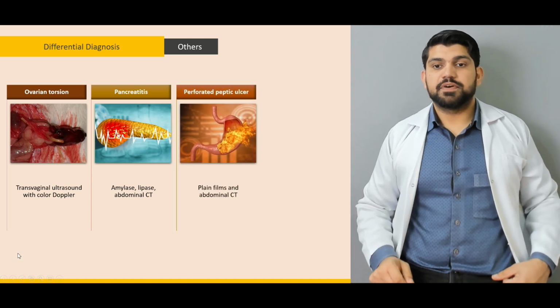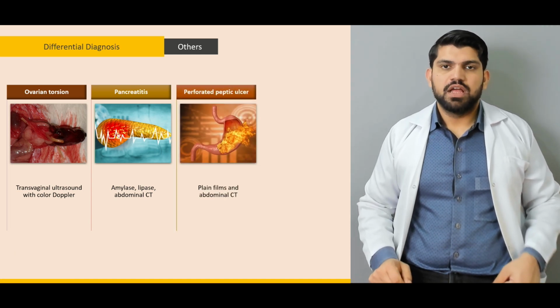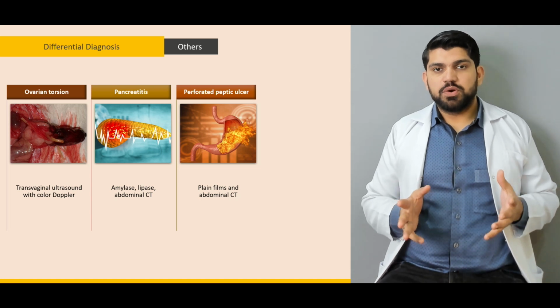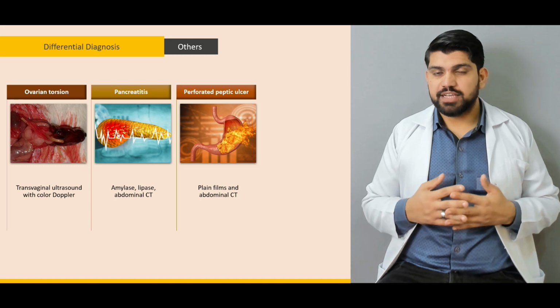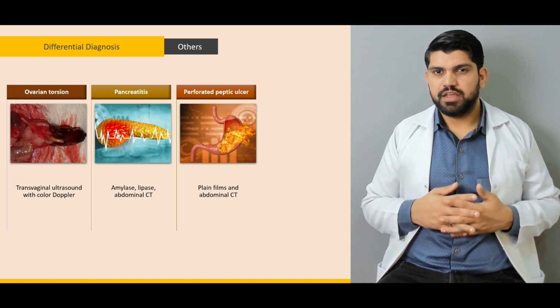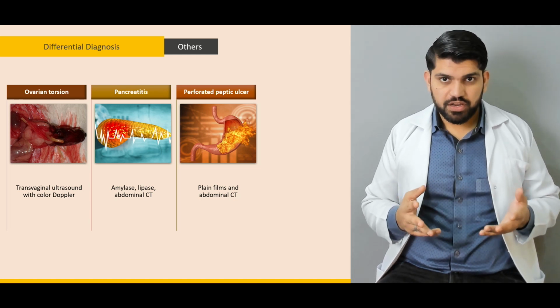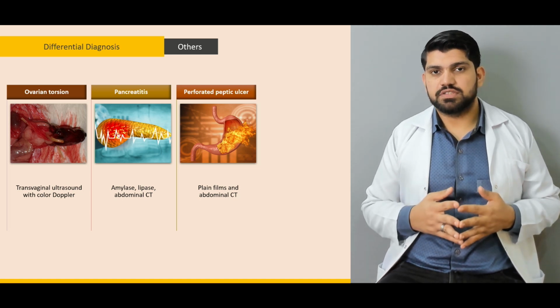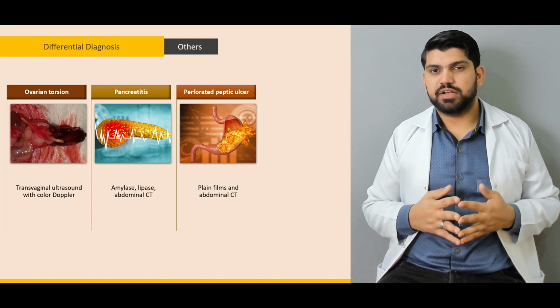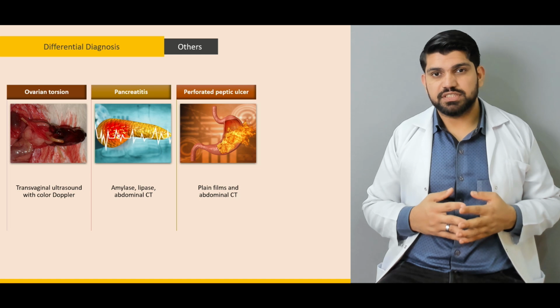So next is perforated peptic ulcer. A patient presents to you with sudden onset of severe epigastric pain, upper epigastric pain, with a history of gastric ulcer or NSAIDs-induced gastric ulcer. Think of perforated peptic ulcer disease. This is an emergency.